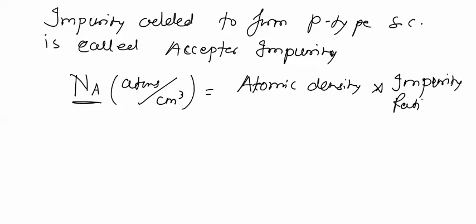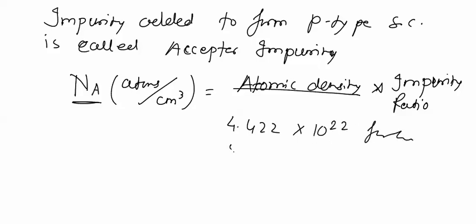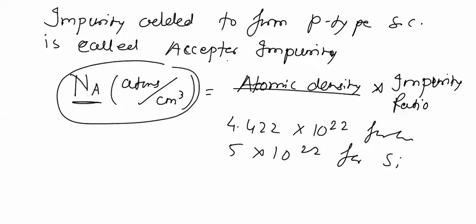Atomic density we have already seen. Atomic density equals 4.422 into 10 raised to power 22 for germanium, and 5 into 10 raised to power 22 for silicon. This atomic density can be used to calculate the acceptor impurity concentration in p-type semiconductor.